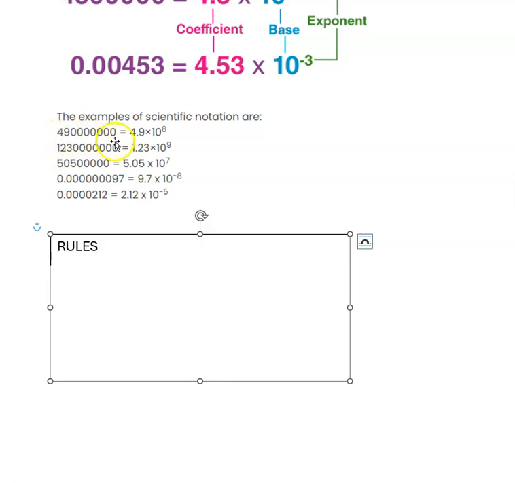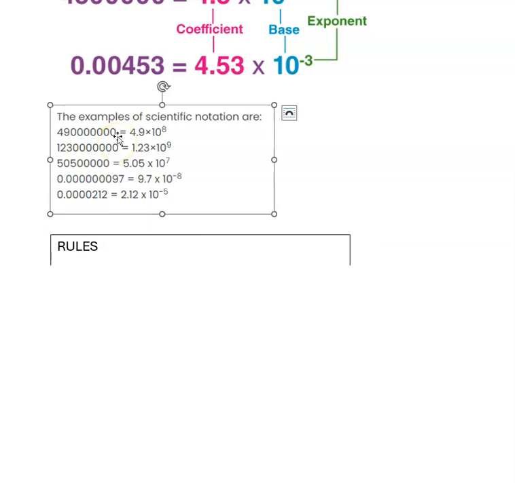So, this large number, if I need to put it in scientific notation, I would put 4.9. So I look at any digits that I have that are non-zeros. I call it 4.9. Then I do times 10. It's always going to be times 10. Now I'm going to look at my decimal place. There's my decimal right there normally. I'm going to count the number of jumps until I get to 4.9. 1, 2, 3, 4, 5, 6, 7, 8.